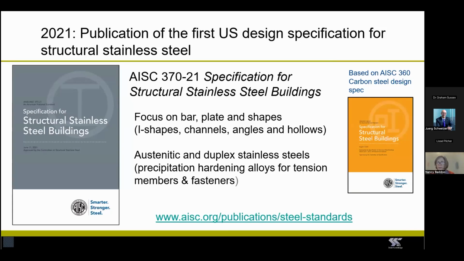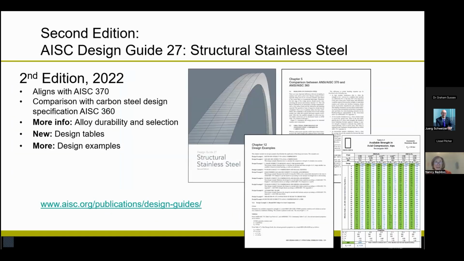So it's based on the carbon steel standard AISC 360. Freely available for download at that link. And there's an AISC design guide, which gives lots more helpful information on alloy selection, design tables, and all those things.